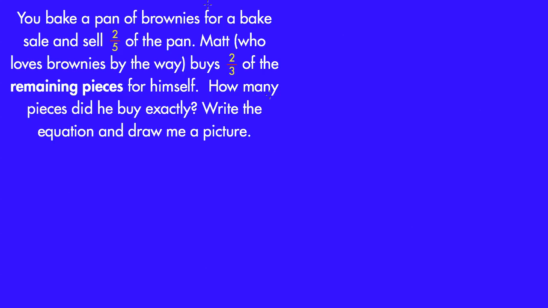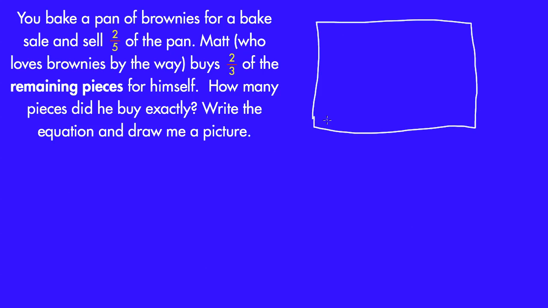So let's go ahead and try to draw a picture. You're probably already sighing, Matt's going to try to draw a picture. Uh-oh. Well, here we go. My brownie pans are rectangular-ish, not circles, so here's my wavy brownie pan. We can already tell from the problem that we're going to start with 5 pieces, because we've sold 2/5 of the pan.